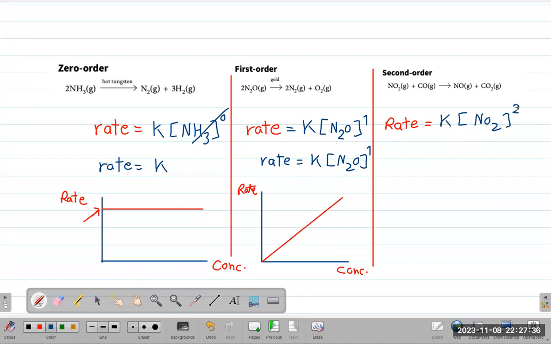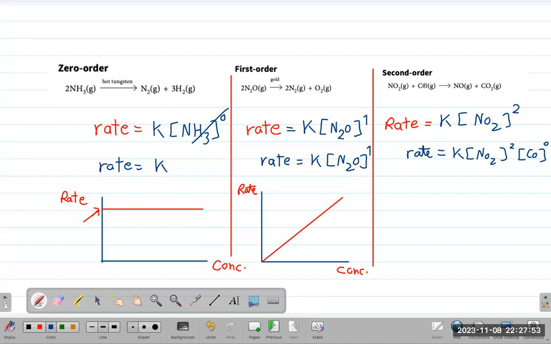So the rate is K[NO2] to the power of 2, and [CO] to the power of 0.